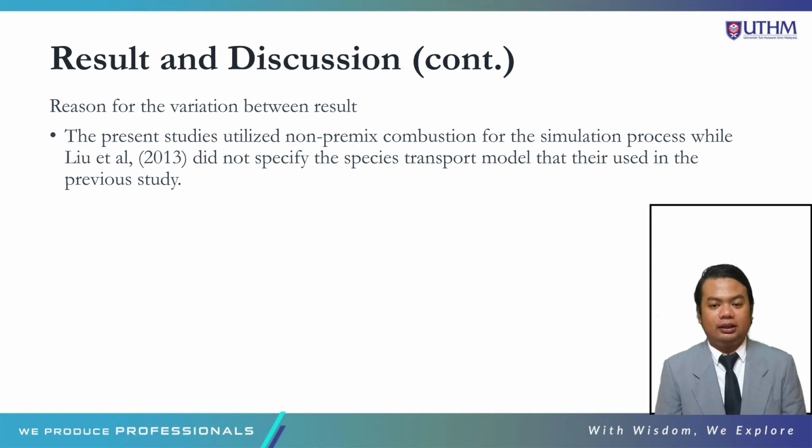The present study utilized non-premixed combustion for the simulation process, while Liu et al. did not specify the species transport model in their study. This may cause the gasification to produce variation in the result of the syngas composition between both simulations due to the difference in simulating the transport model.